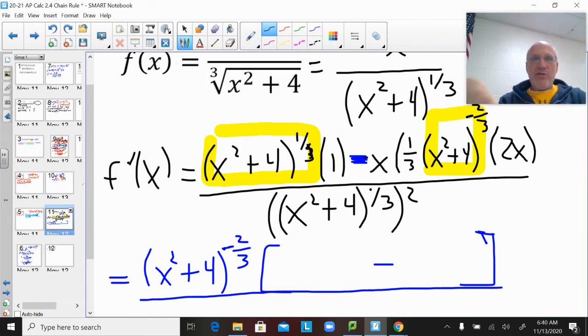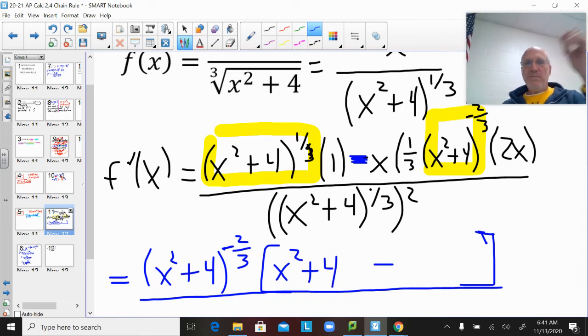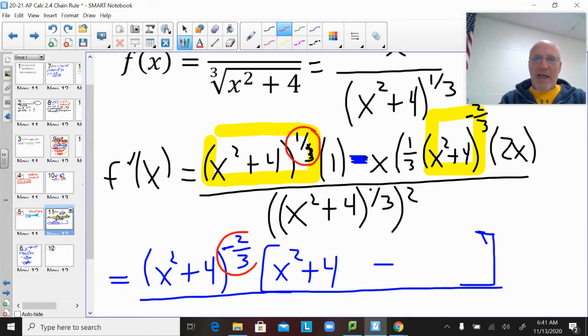So all that turns into just x squared plus 4 to the first power. And again, where did I get that first power from? I took my original 1/3 exponent and I subtracted the exponent that I factored out. 1/3 minus negative 2/3 is 1/3 plus 2/3, which is 1.